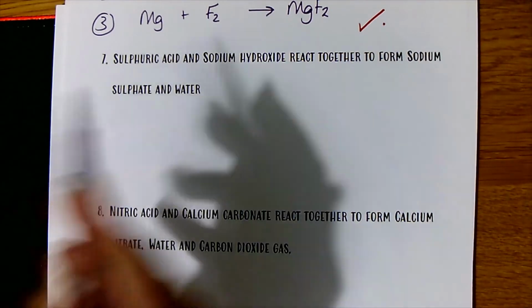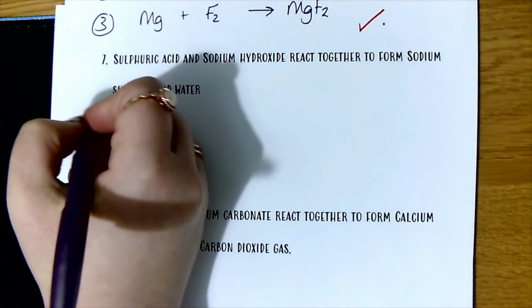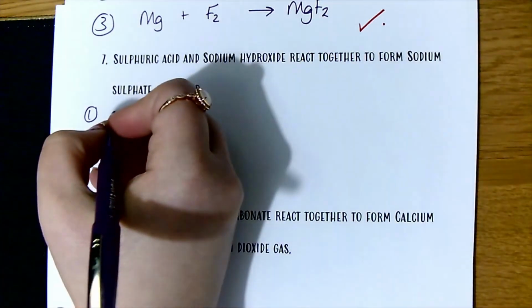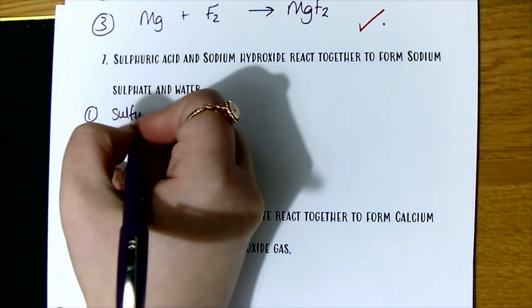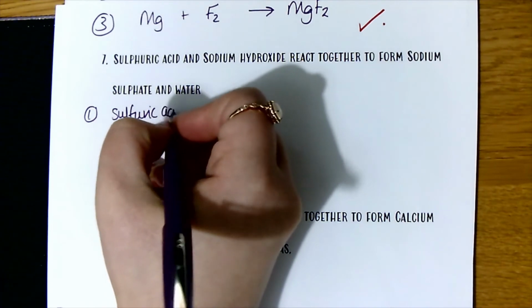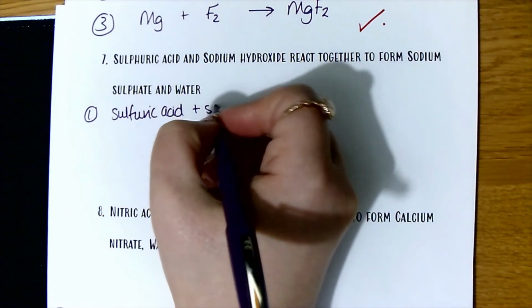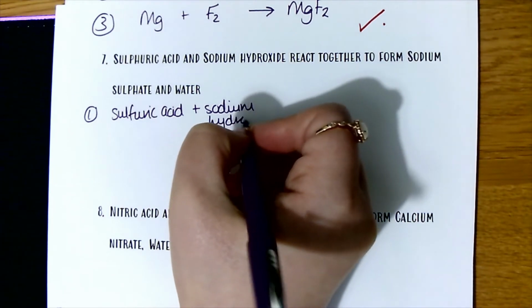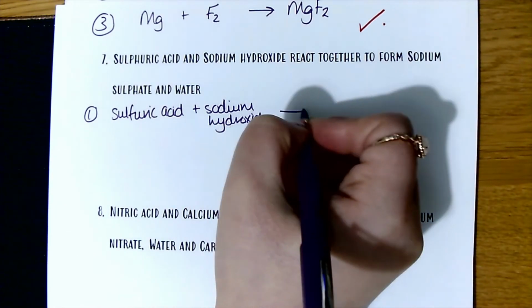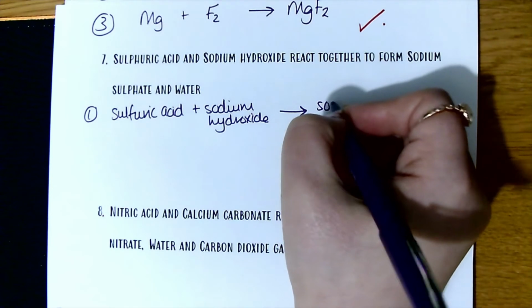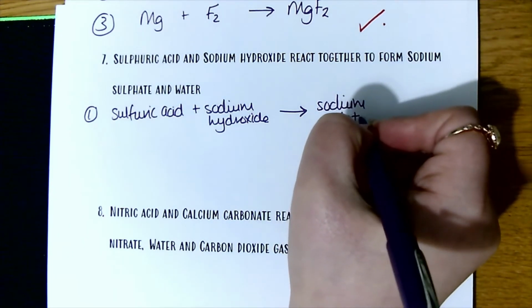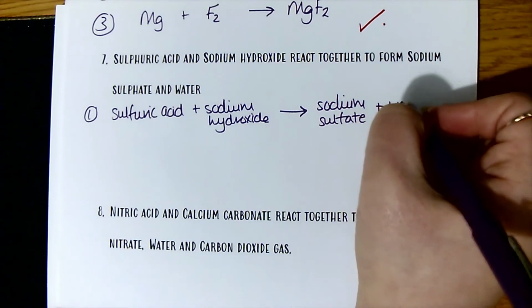Number 7. Sulfuric acid and sodium hydroxide react together to form sodium sulfate and water. Sulfuric acid plus sodium hydroxide forms sodium sulfate and water.